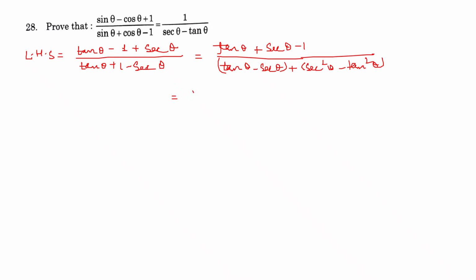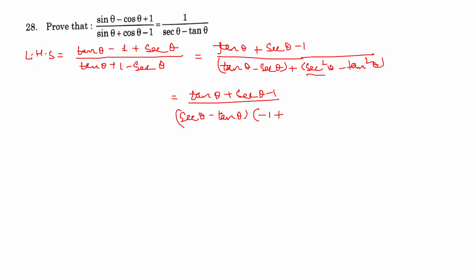Next step, tan theta plus sec theta minus 1, and then sec square theta minus tan square theta is sec theta plus tan theta times sec theta minus tan theta. So I'm going to take sec theta minus tan theta common. Here it is tan theta minus sec theta, so if you take sec theta minus tan theta common, you will be left with minus 1.